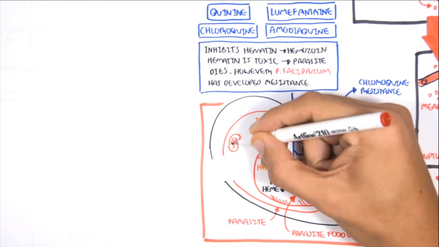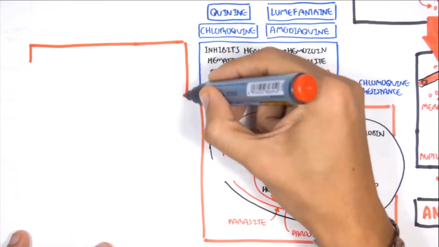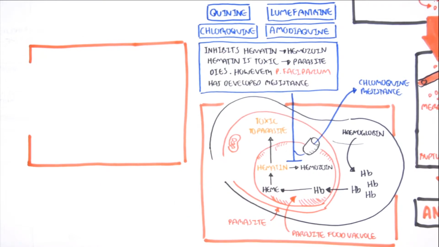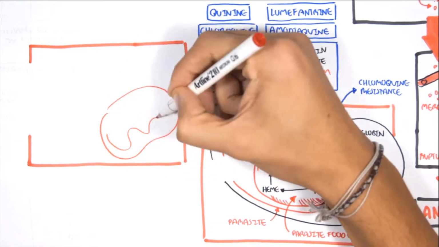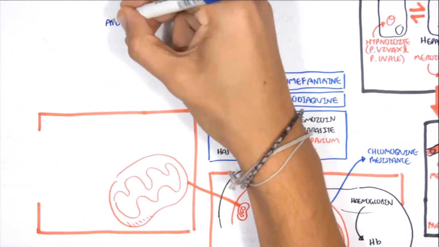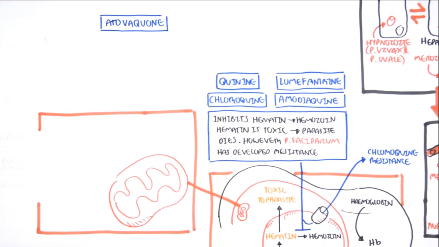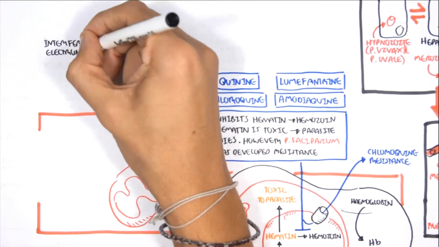The next anti-malarial drug targets the mitochondria of the parasite. This drug is known as atovaquone, and it targets the cytochrome electron transport chain in the mitochondria.